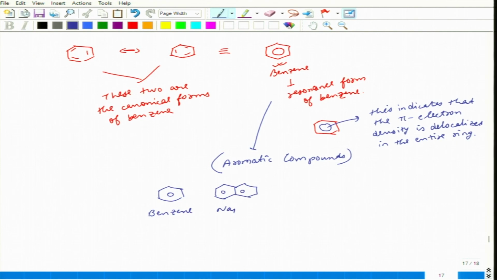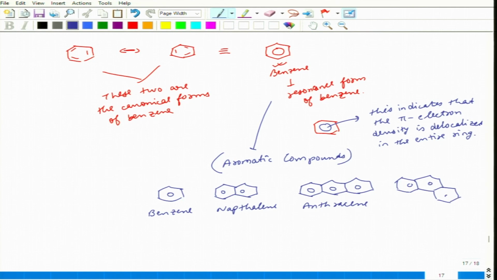This is naphthalene, where the double bond is resonating completely. Anthracene, phenanthrene.